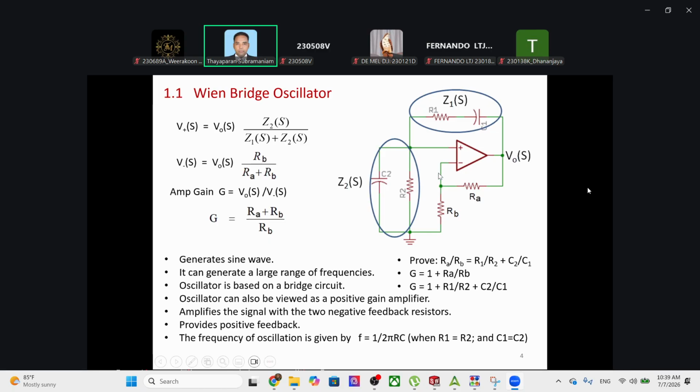For example, if we assume the inverting and non-inverting terminal currents are almost the same, say 1 microamp or 2 microamp, then we have to have 1 milliamp at least here, or at least 0.5 milliamp.